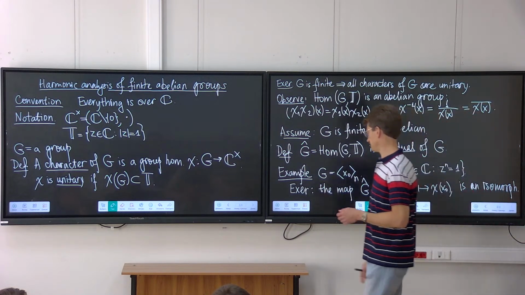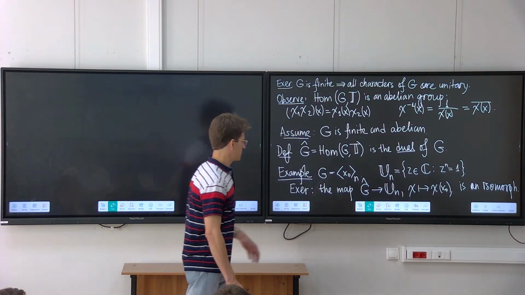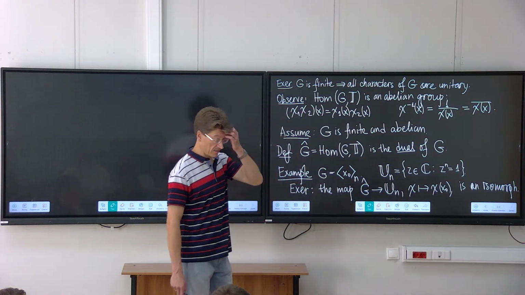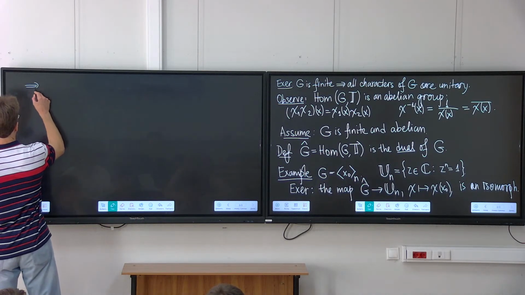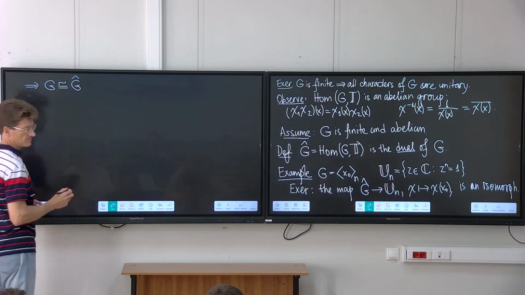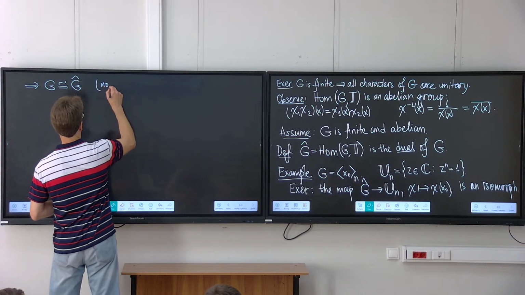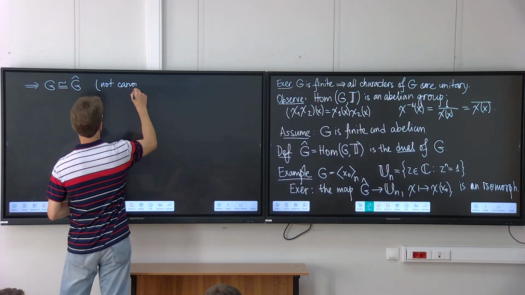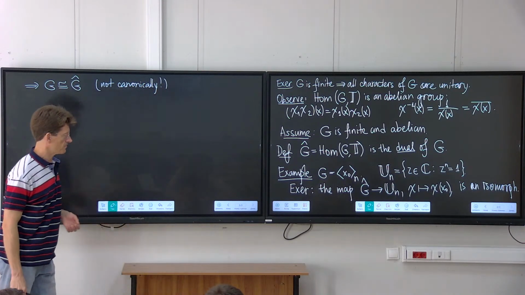So since U_n is also a cyclic group of order n, we deduce that G and G hat are isomorphic. But the isomorphism is not canonical. It depends on the choice of the generator, x0.